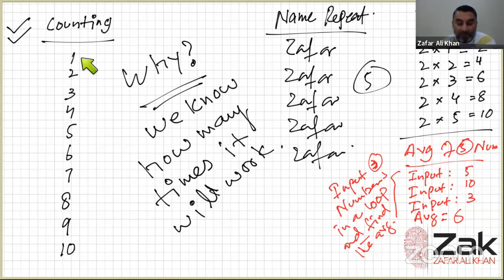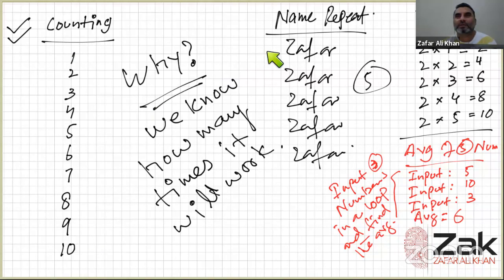A count-based loop is a loop that helps us do things again and again, but upfront, before the loop starts, we know how many times this loop will work. For example, here we like to have a counting on the screen from 1 to 10.